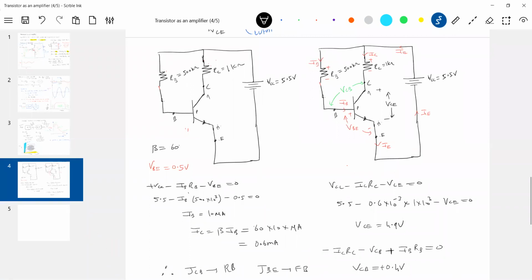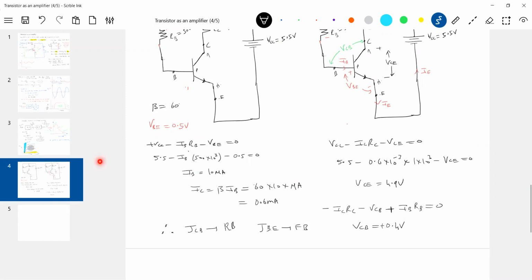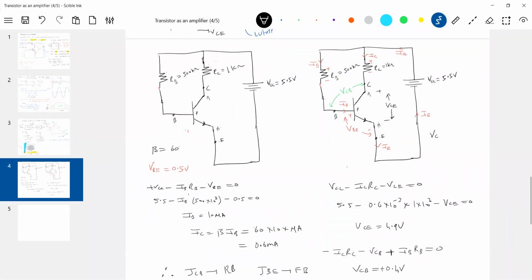I think I'll write it here. VC equal to, shall we write it in this way also? Will it be correct? Check it.